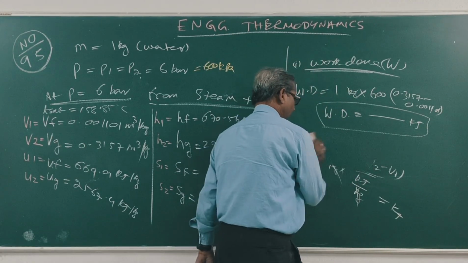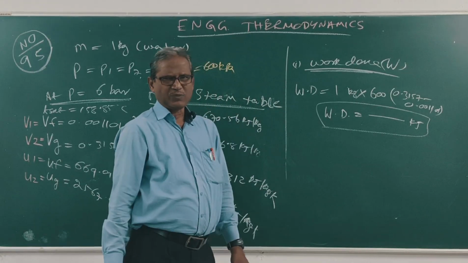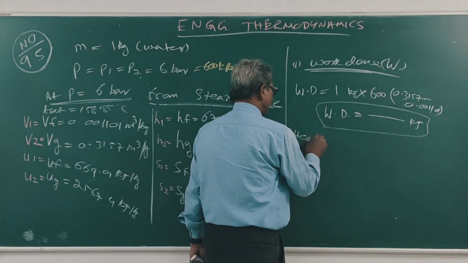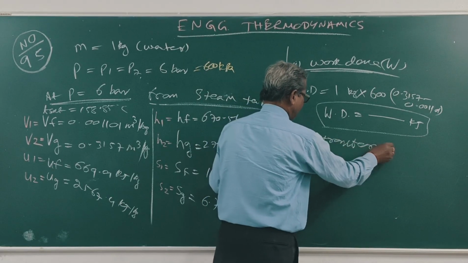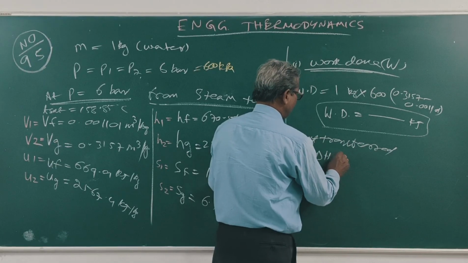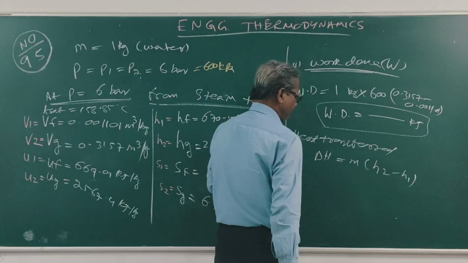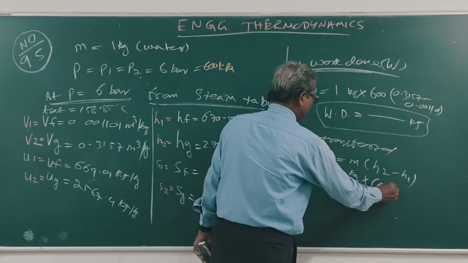Similarly, heat transfer. Heat transfer, delta H, is equal to m into (h2 minus h1). m is in kg. This is in kilojoule per kg.